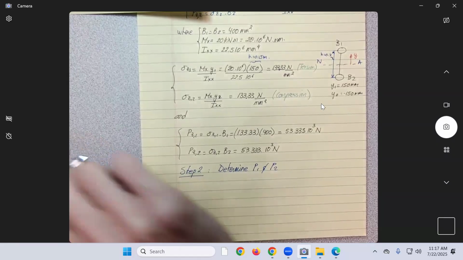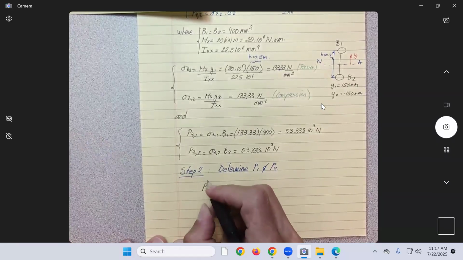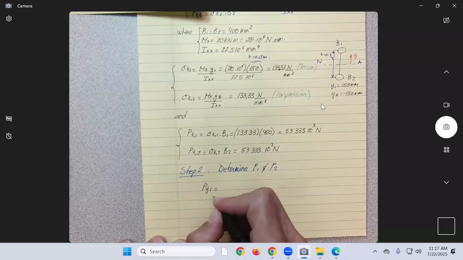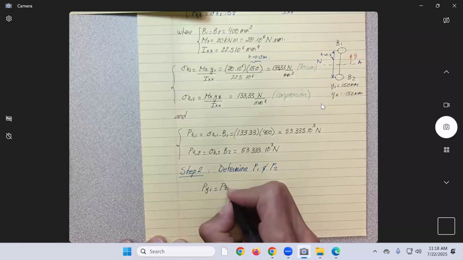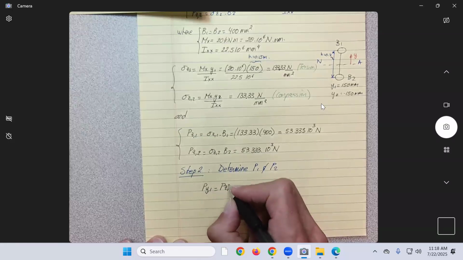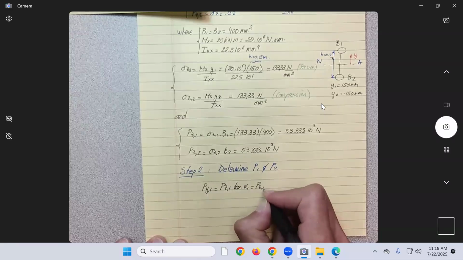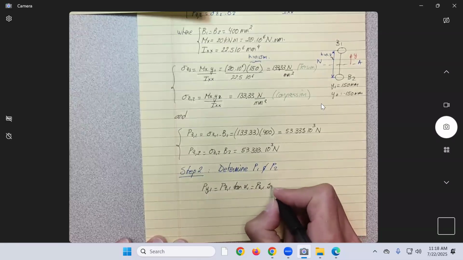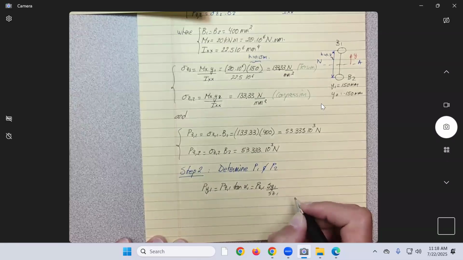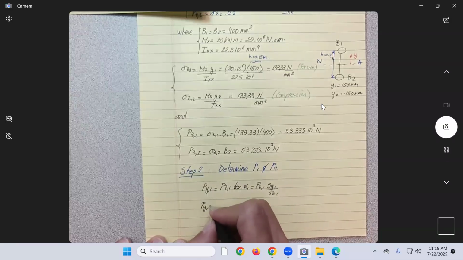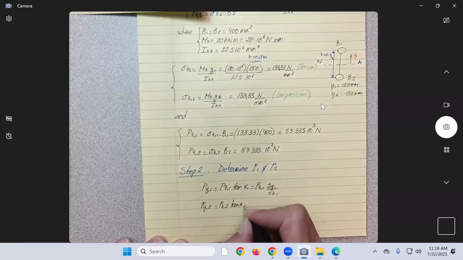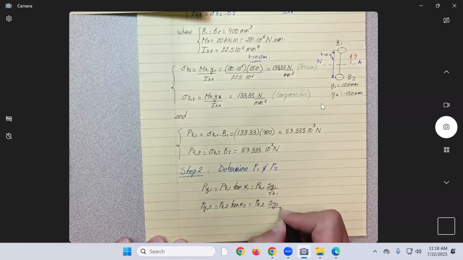You should have from the equations that PY1 is equal to PZ1 tangent alpha 1, equal to PZ1 delta Y sub 1 over delta Z sub 1, and PY2 equal to PZ2 tangent alpha 2, equal to PZ2 delta Y sub 2 over delta Z sub 2.